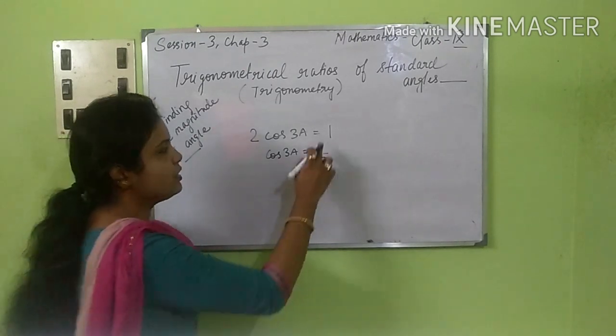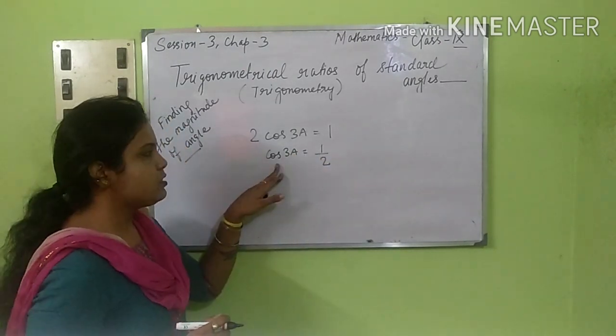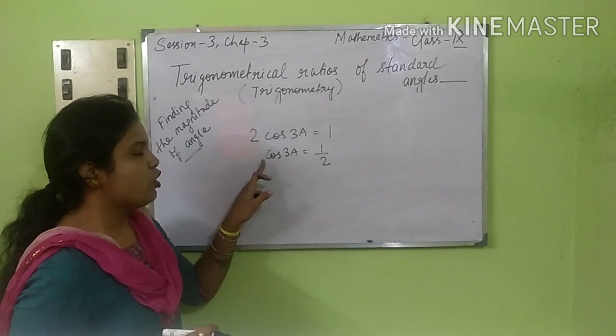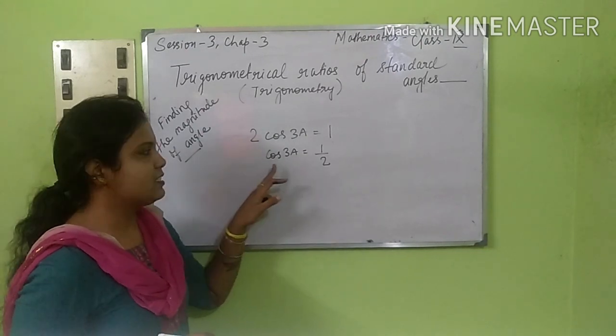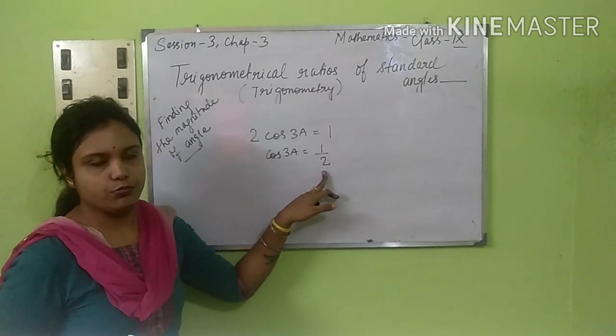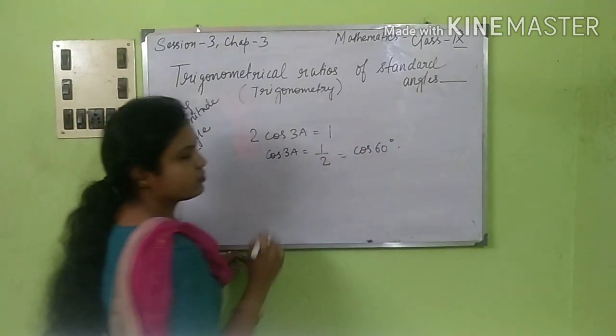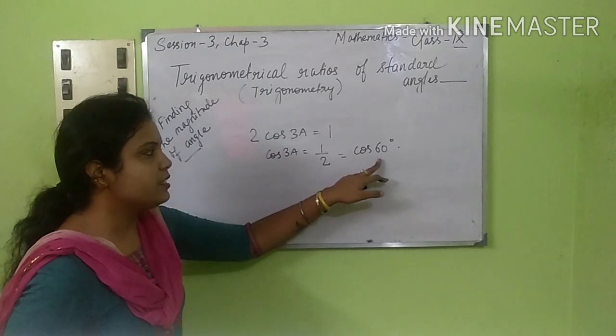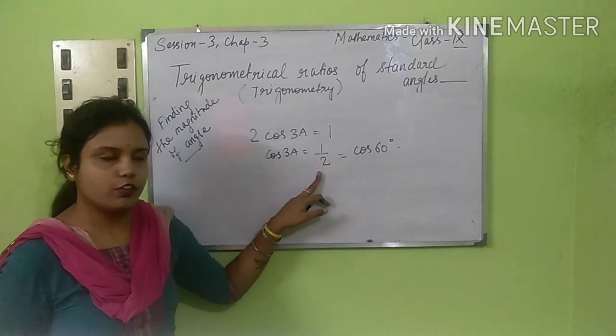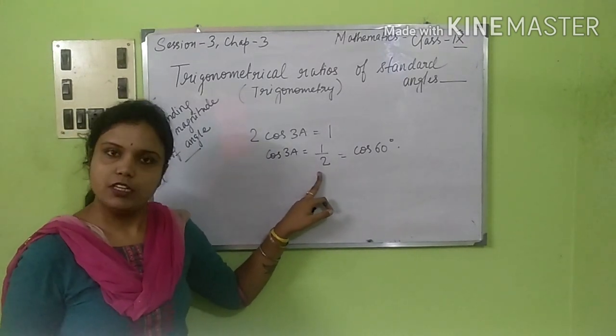Now whose value is half? The ratio of cos, which angle does cos have 1 by 2? That is cos 60 degree. For cos 60 degree, we have the value of cos as half, right?